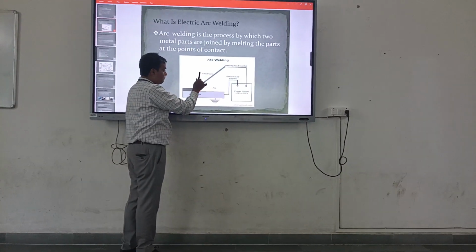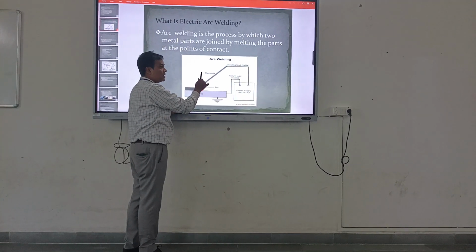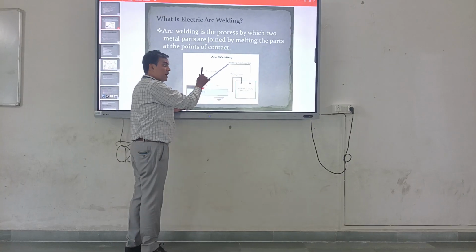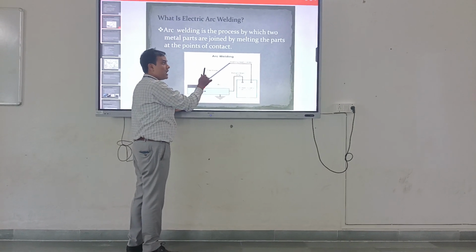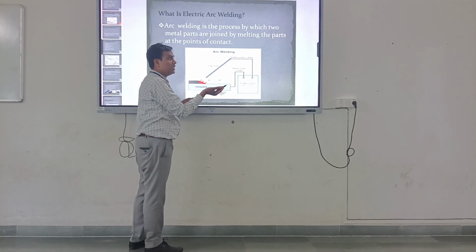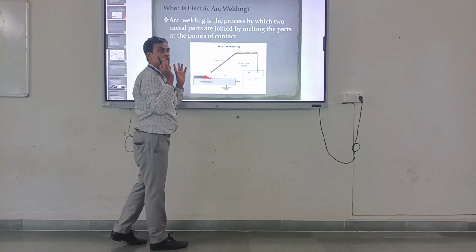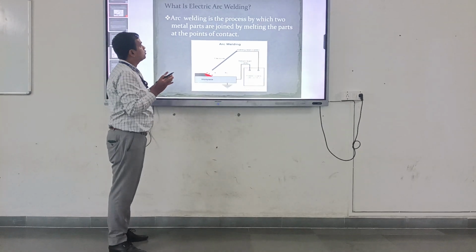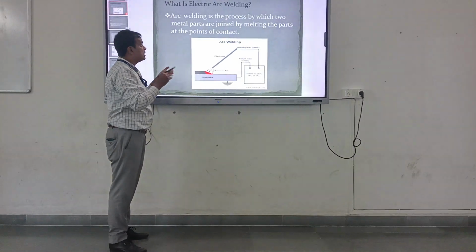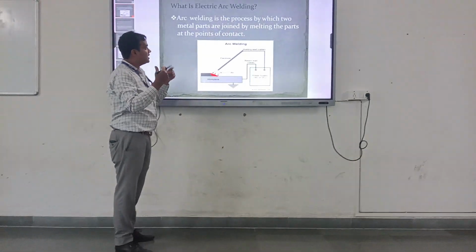First it provides heat at a particular point and melts the metal, and then after cooling it provides an appropriate welding joint. So we have to know how it works. I will explain in the next section.